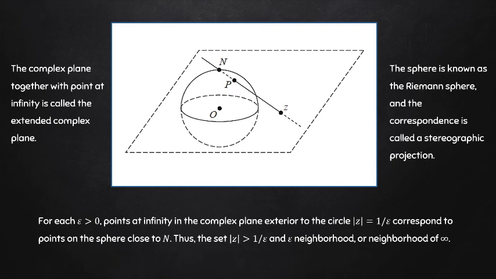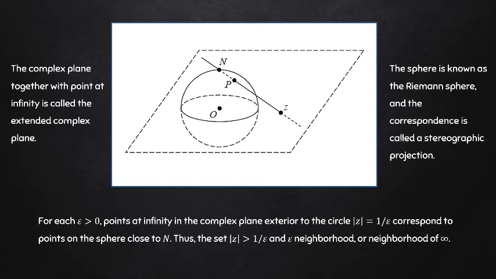Moreover, for each small positive number epsilon, points in the complex plane exterior to the circle |z| = 1/epsilon correspond to points on the sphere close to N. Thus, the set |z| > 1/epsilon is called an epsilon neighborhood of infinity.